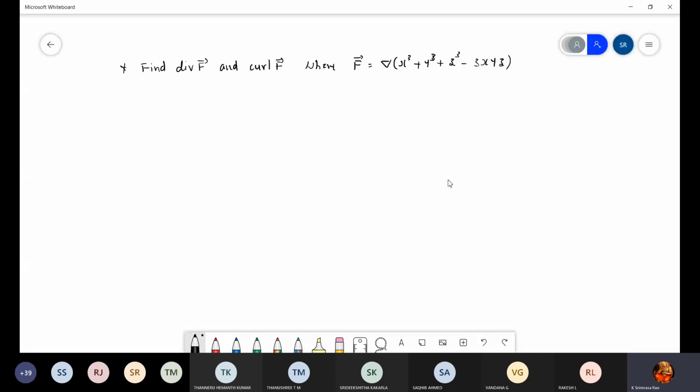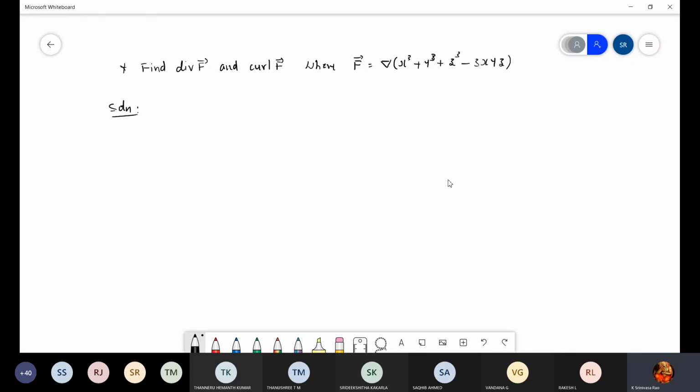So you have to calculate div f and curl f where f is equal to del of something. Can you analyze this problem? Anyone? To calculate divergence and curl, we require f, the vector, but here the vector is given indirectly.